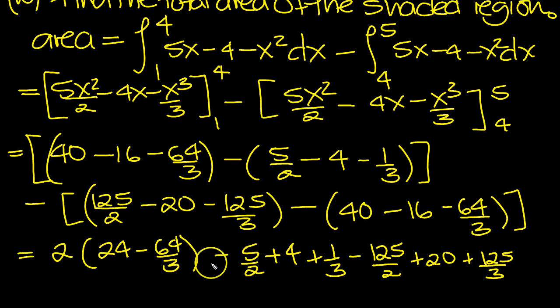So let's just work out what we've got then. So minus 5 over 2 minus 125 over 2 is minus 130 over 2, which is minus 65. And then you've got 4 and 20 is plus 24.